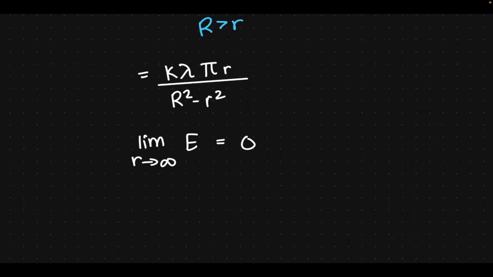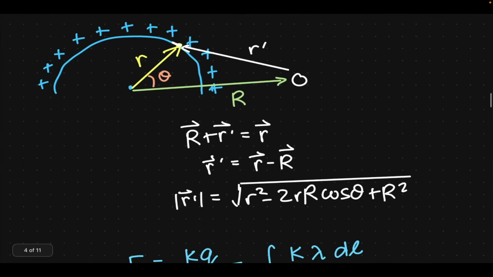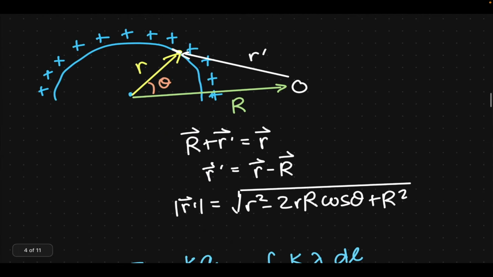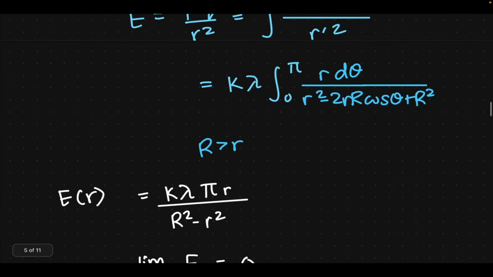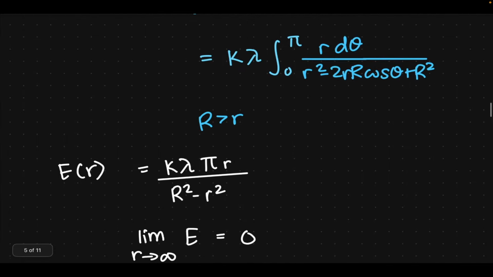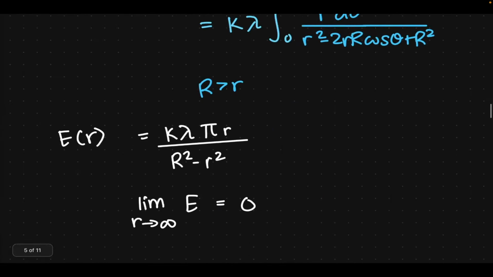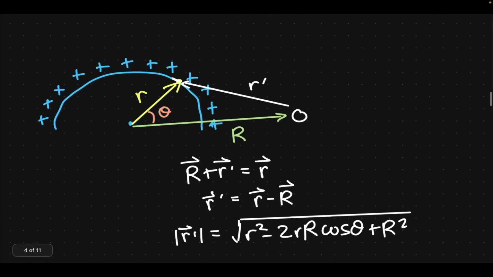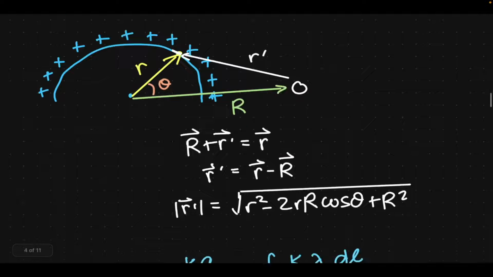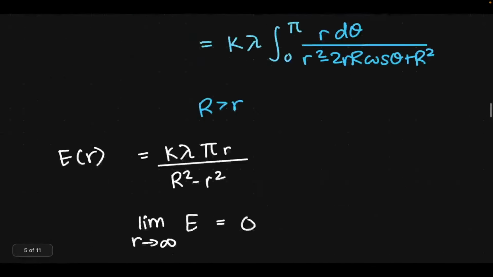Let's say the electric field as a function of radius r, because r is the only thing that's changing when we're integrating this. The observation point is as it is now.